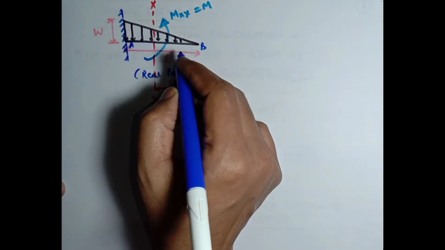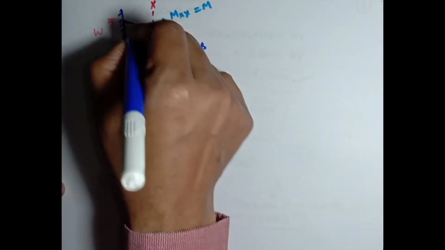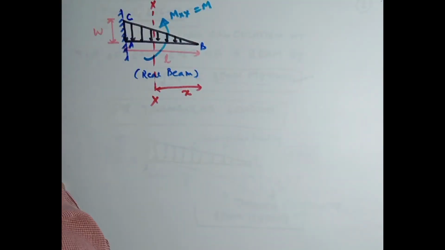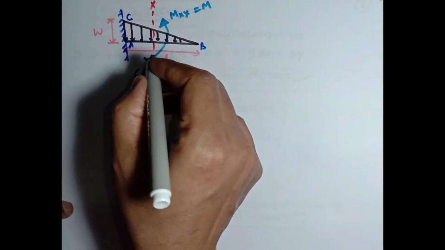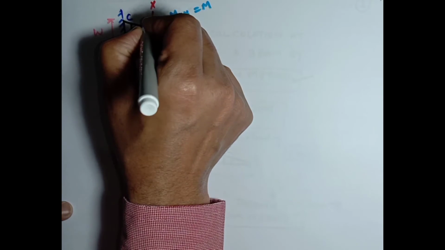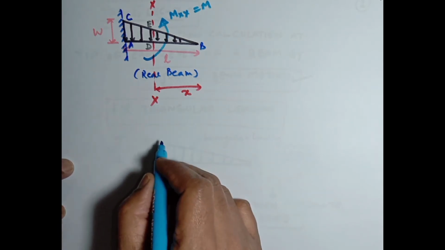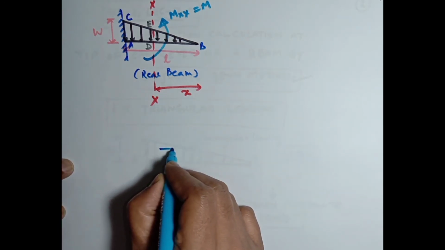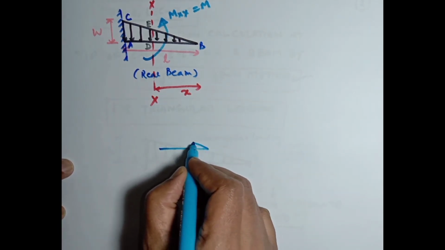You can designate this loading pattern as A, B, and C. This point will be D, and this point will be E. So we are separating out this loading pattern here.